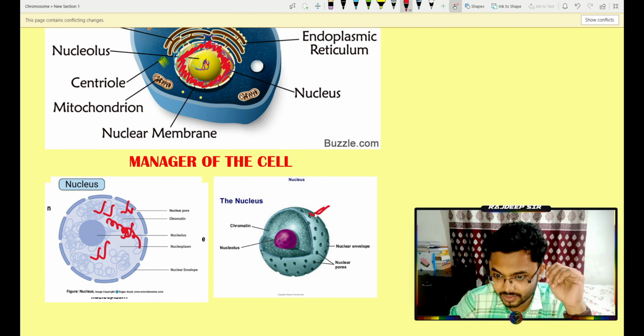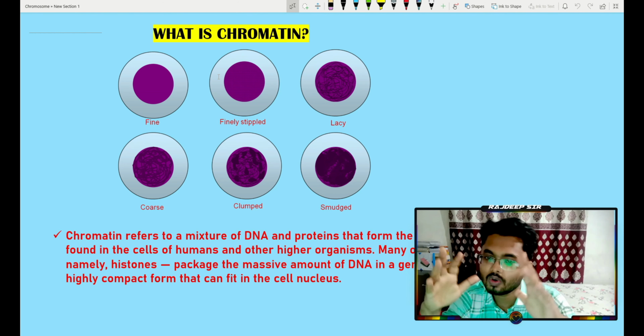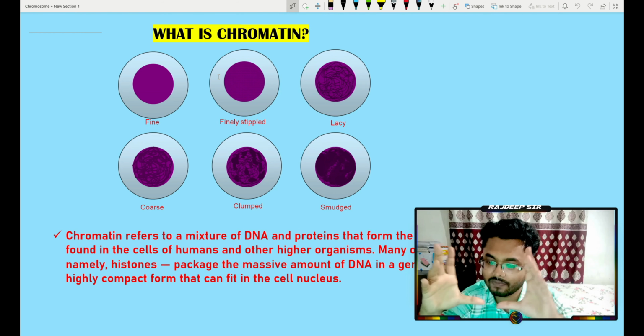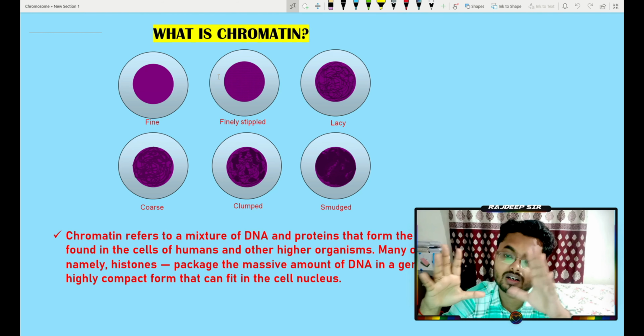Now, what is this chromatin? As I told earlier, the chromosome is made up of DNA and proteins, and chromatin arranges itself to form a chromosome. So chromatin is basically a mixture of DNA and proteins that forms the future chromosomes. These chromosomes are mainly found in all the higher-level organisms, and in some lower-level organisms also.